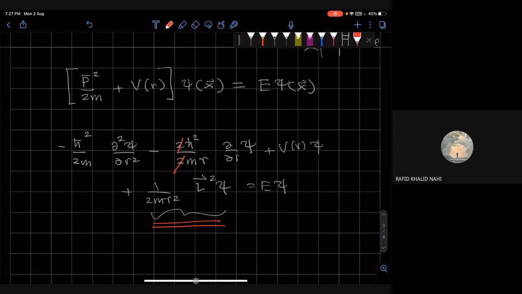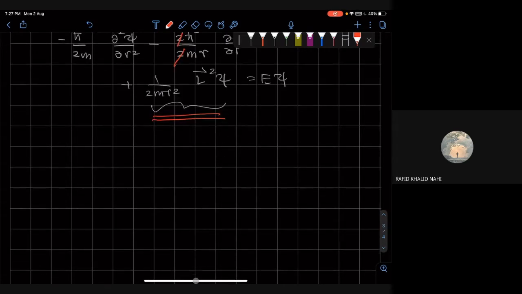Now because we know that our Hamiltonian commutes with L squared because it's rotationally symmetric, and if H commutes with all the L's, then it must commute with L squared.